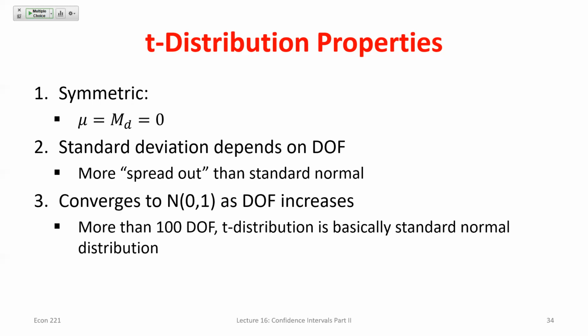As that sample size gets higher and higher, dividing by n minus 1 doesn't matter as much. So the higher the sample size gets, the closer and closer the student t distribution gets to that standard normal, or the closer and closer the variance on that student t distribution gets to 1. We're approaching that standard normal distribution.